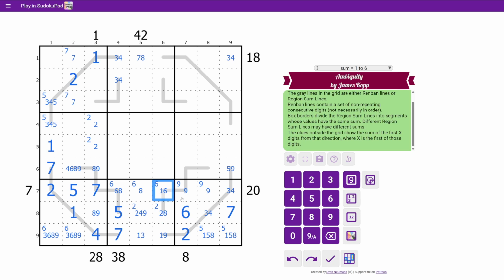Now, if it was a 1-9, this would be a 6. Again, the 9 is just here, isn't it? In both of those, I just got the 9 is there. But in that second one, where if this was a 1-9, then this would be a 3.